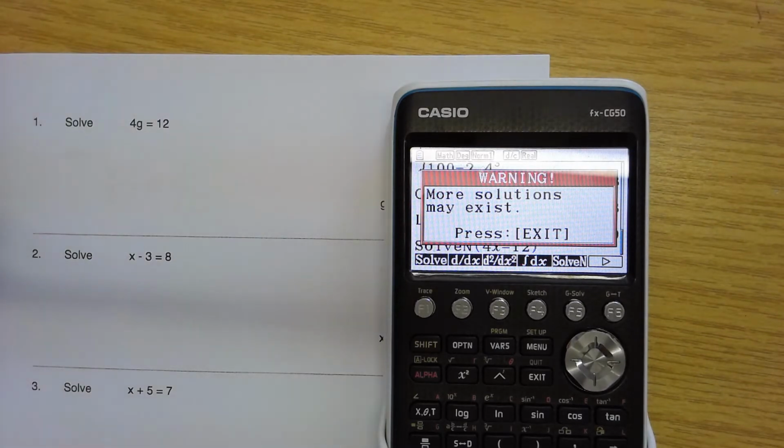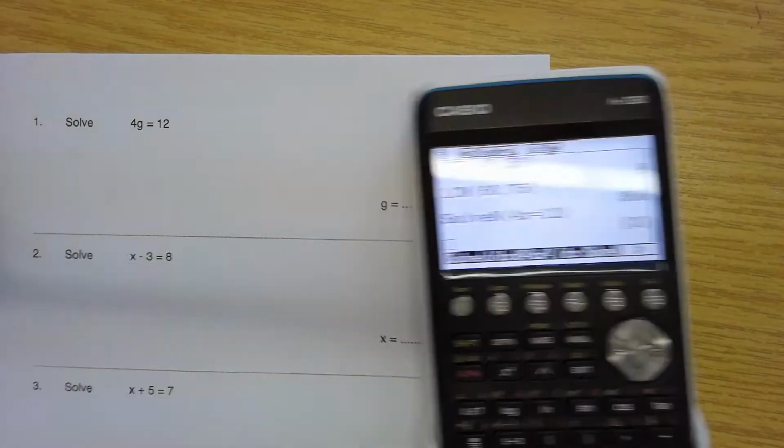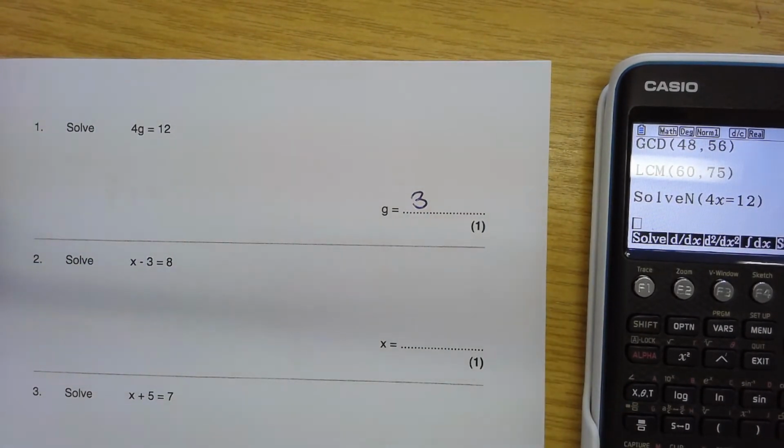But every single time for normal GCSE and for a lot of A-level, we don't need to worry about that one. So we press exit, and it gives me the solution in brackets that when 4x equals 12, that is 3. So I can write down here 3, and that is done.